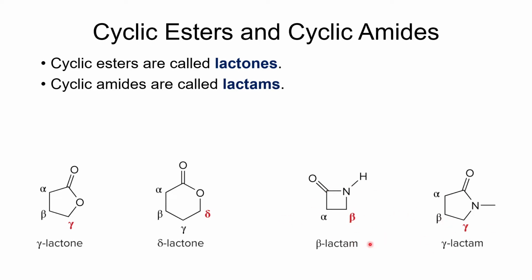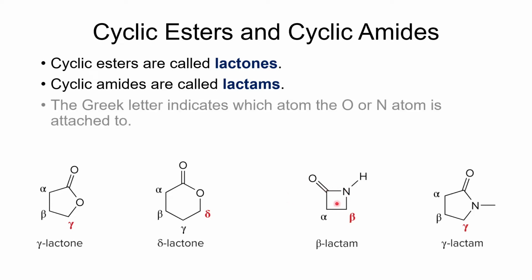All right, we'll find that these are important structures for organic chemistry. The beta lactam turns out to be very important for antibiotics, and we're actually going to look at that a little bit later in this chapter. So it turns out that one is fairly important, as I mentioned, for antibiotics.